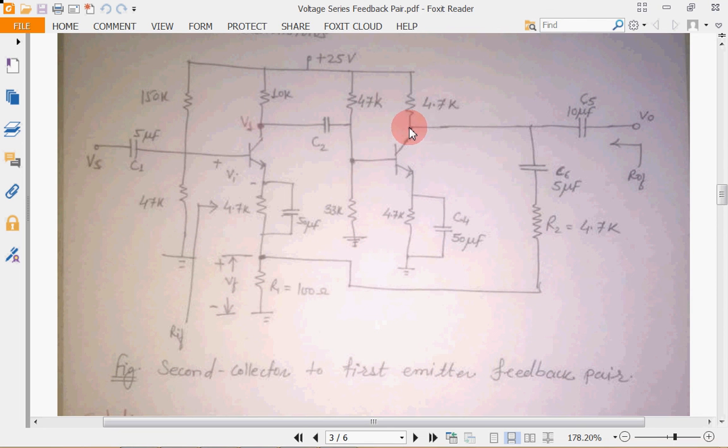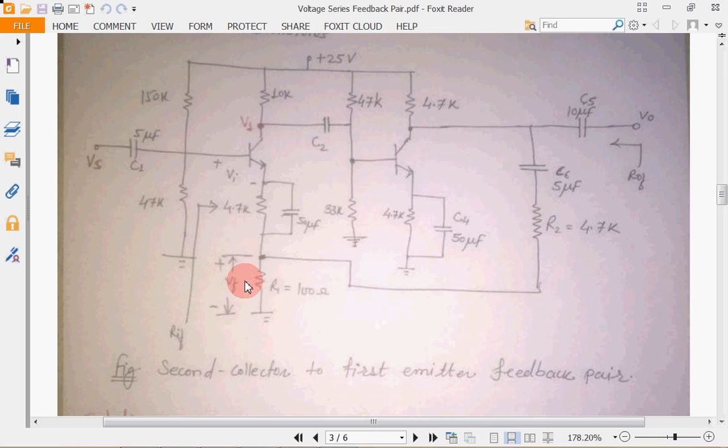This point, that is the collector of the transistor Q2, wherein the first terminal of this resistor is connected, and the second terminal is connected to the VCC, which will be grounded in the AC equivalent model, right? Similarly, this will be shorted, so this point and this point is same, so this resistance will be connected to the ground through R1.